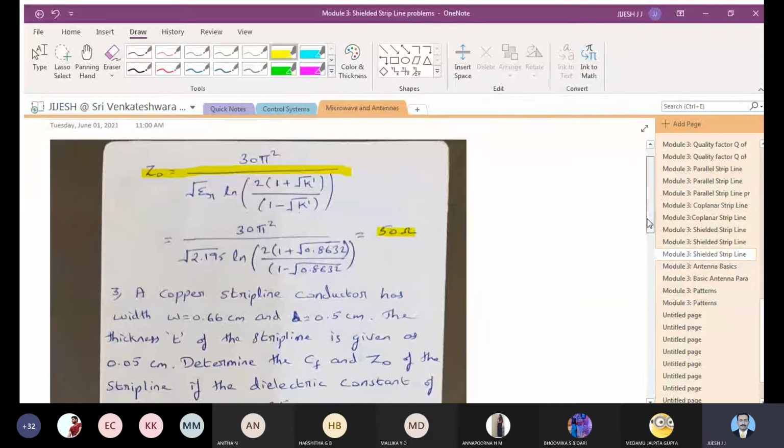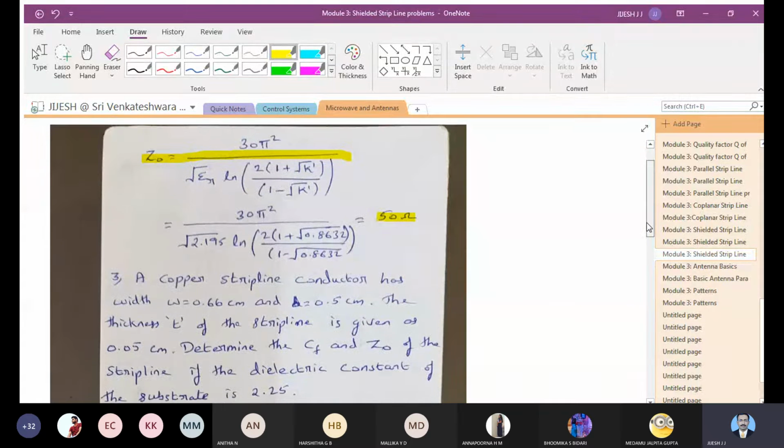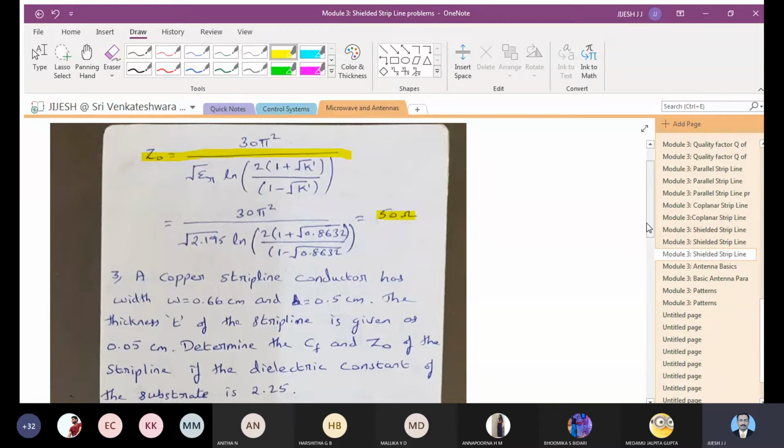Those who have completed this problem, you can just go ahead with the next problem. A copper stripline conductor has W 0.66 centimeter and D is equal to 0.5 centimeter.